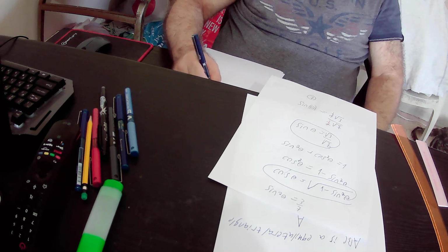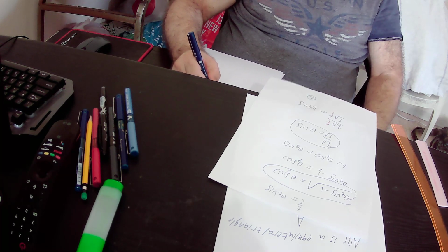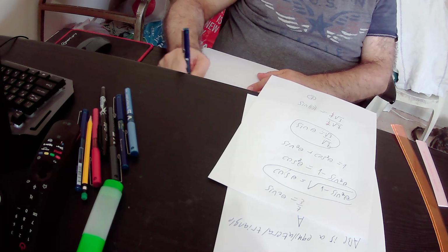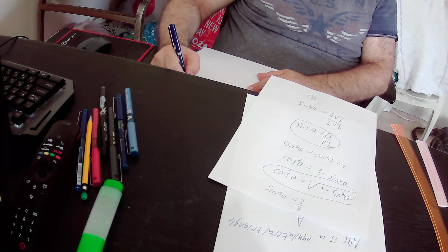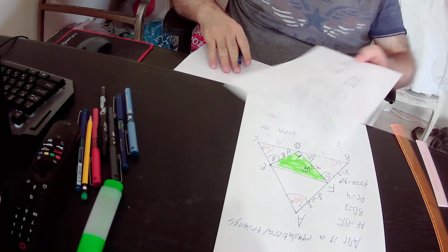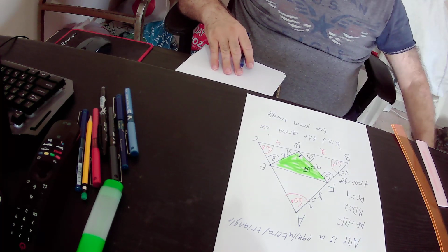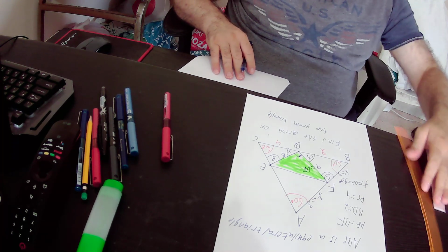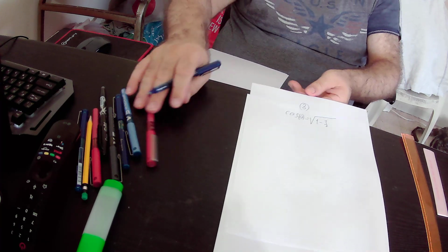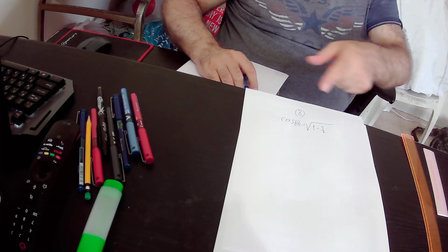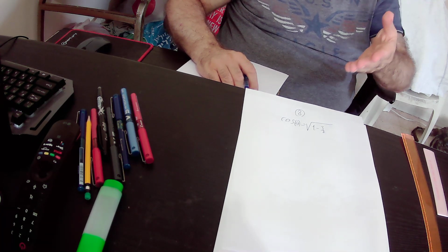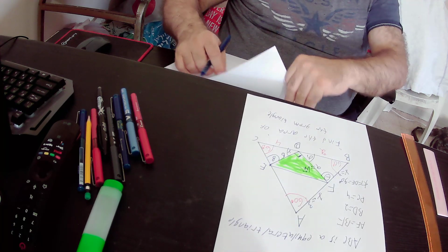We'll get that cosinus theta equals the root of 1 minus 3 over 7. 1 minus 3 over 7 is 4 over 7.